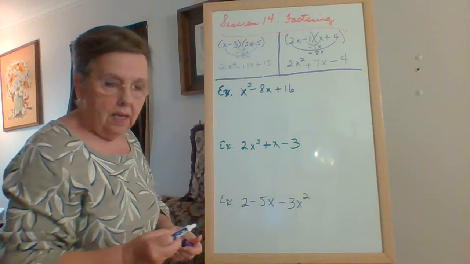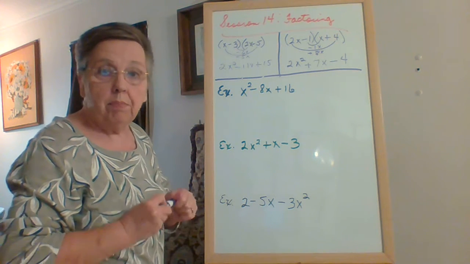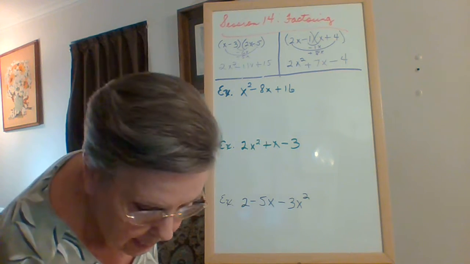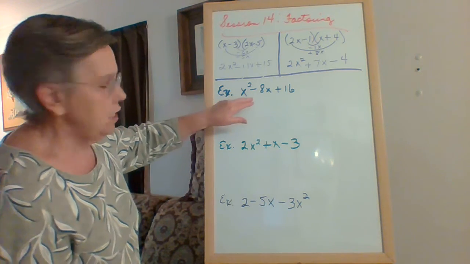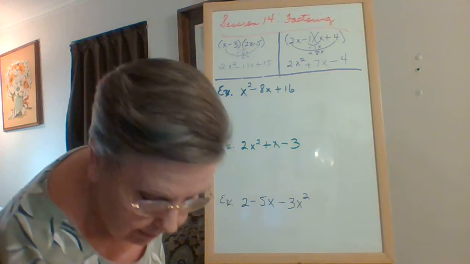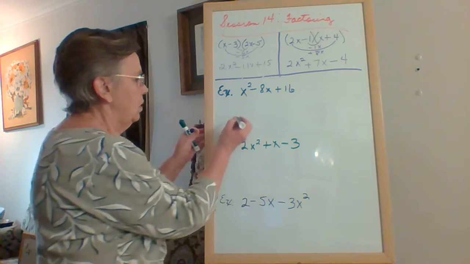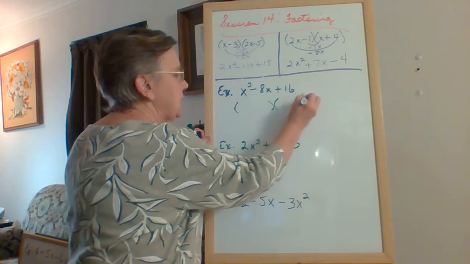Okay. Now, rather than multiplying, let's take some practice problems on factoring. This next one, the first example here, x squared minus 8x plus 16. Well, we can start setting up our two parentheses.